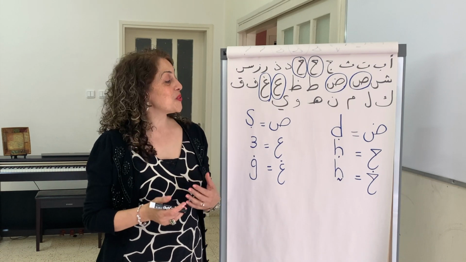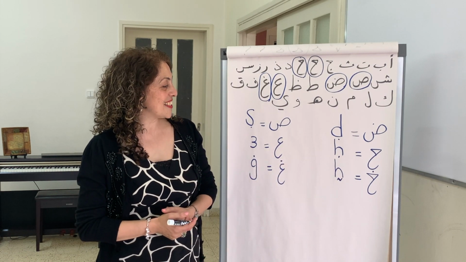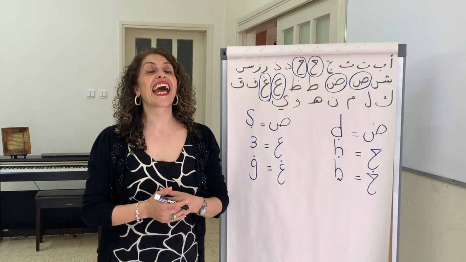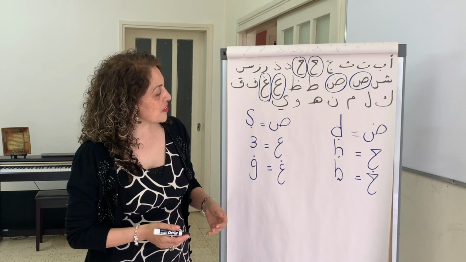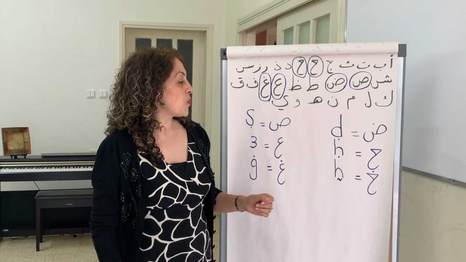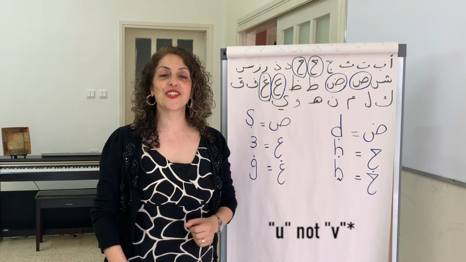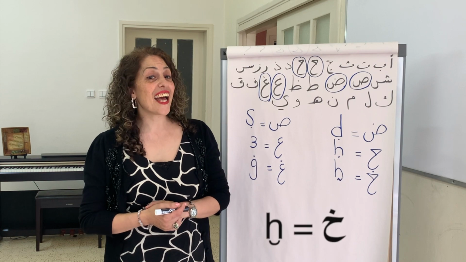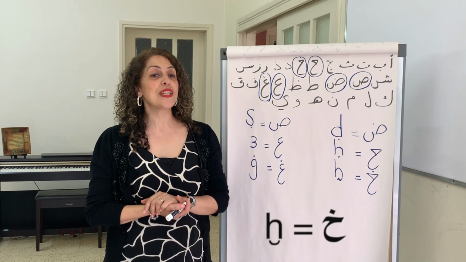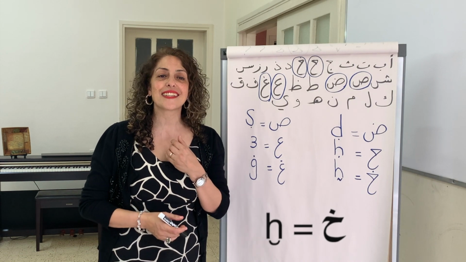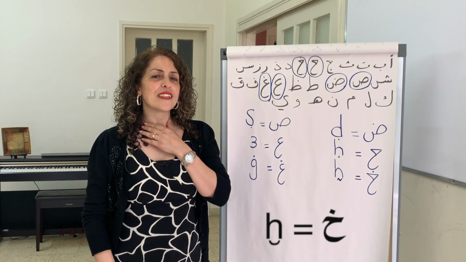We come to a third letter, which is kha, and the symbol for it is the H with the symbol V underneath. It's like the German sound in Nacht. When you want to get rid of mucus, usually you make this sound.